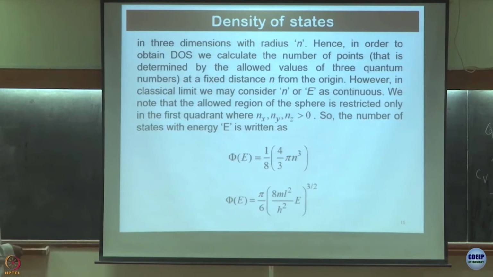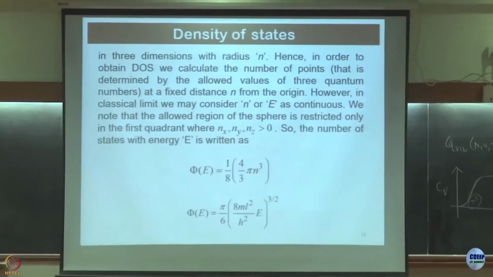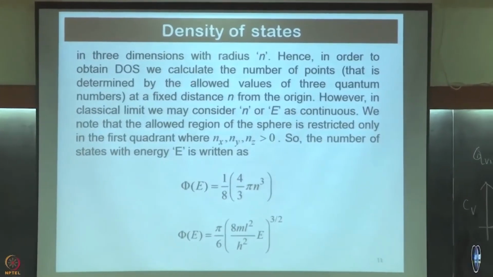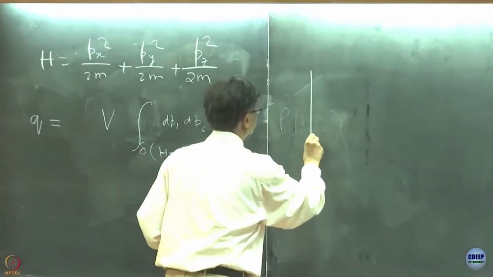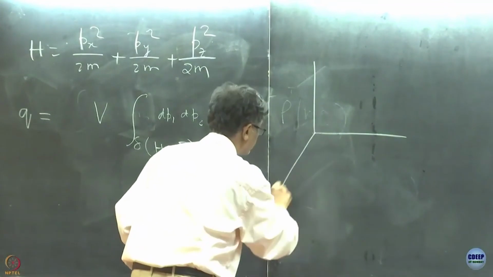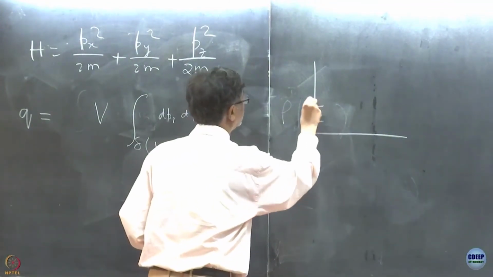Now, in 3 dimensions with the radius n, I can calculate the density of states by calculating the number of points. Is this clear?